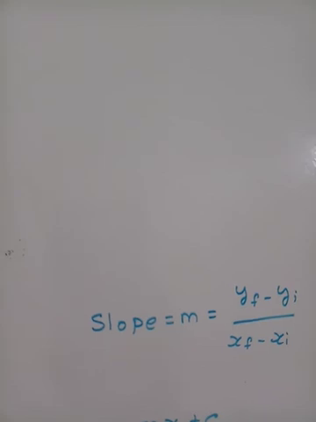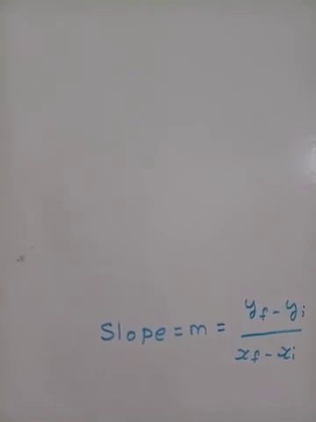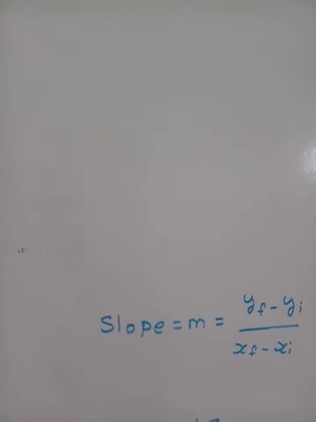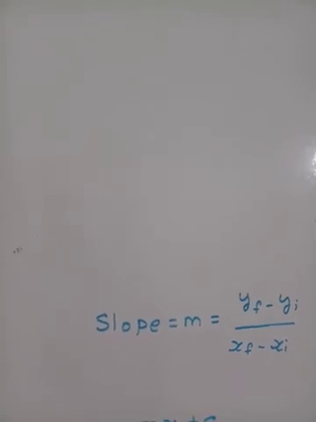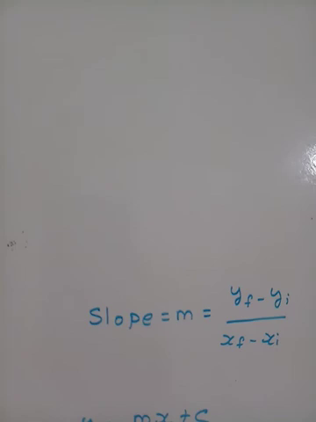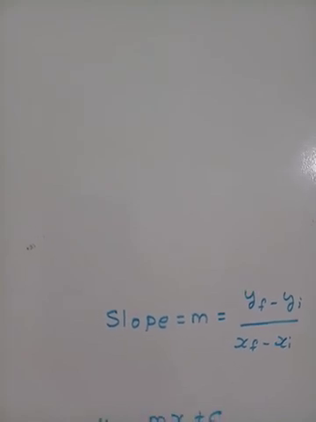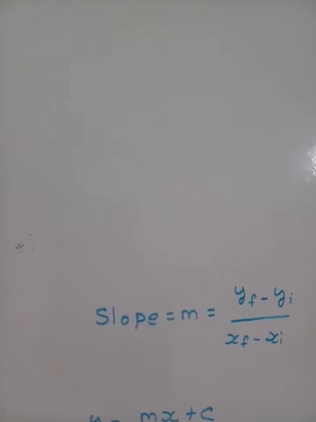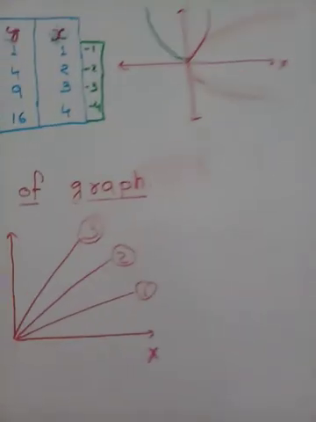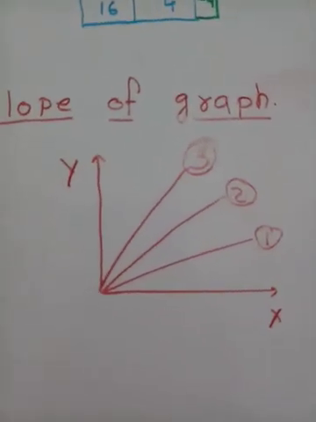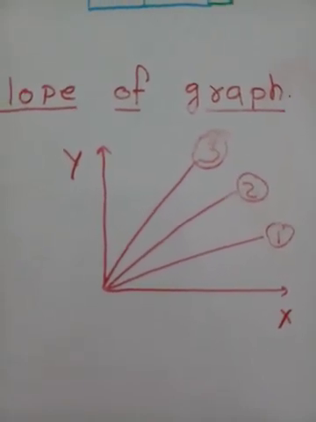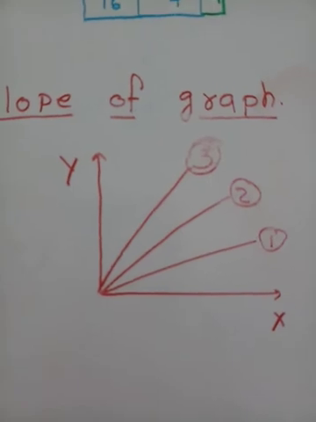This will tell you exactly how sloped the graph is. What you have to do is subtract the y coordinates and divide by the subtraction of the x coordinates. If the number m is large, you will get line number 3, and if m is small, you will get line number 1. Clear with that?